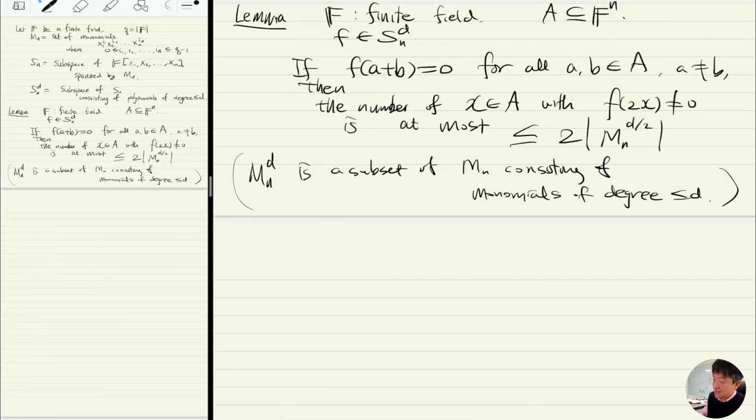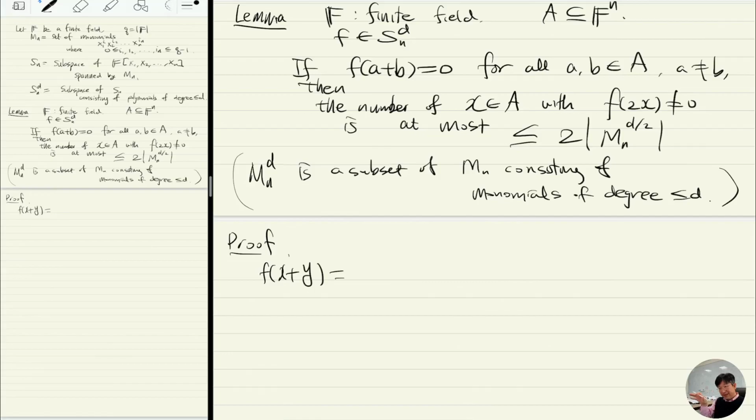All right, so let's see why this is true. Right, so we have a polynomial, and no matter how I choose two elements, if f of their sum is not 0, then the number of x with f of twice x not 0 is bounded by something. So let's think of f of x plus y, right?